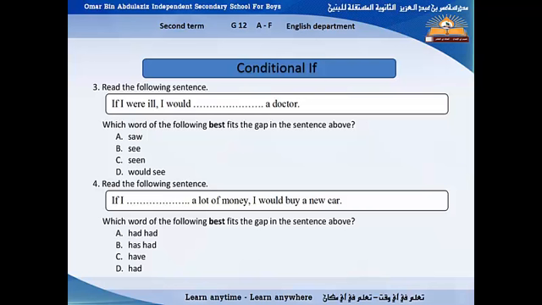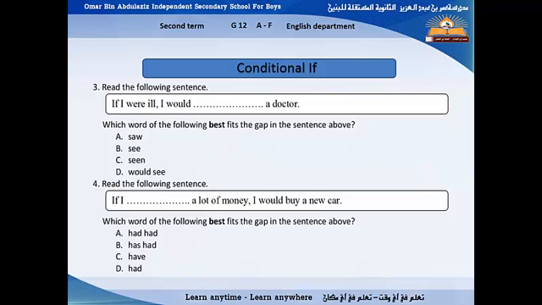Which case has would plus the infinitive? We have two cases, as we agreed before: the second and third case. The second has would or should plus the infinitive, and the third has would or should too, but followed by have plus VB. Here we don't have have plus VB. We have the infinitive after would, so it is the second case.